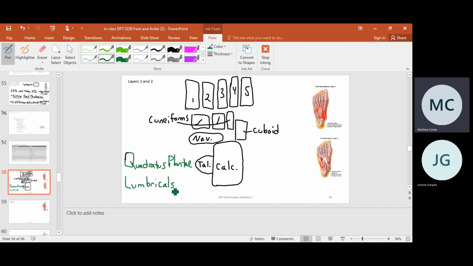So that's exactly what we see: I'm going to have flexor digitorum longus, and I'm going to draw it in black here. And then I'm going to have these little lumbricals that come off of them.